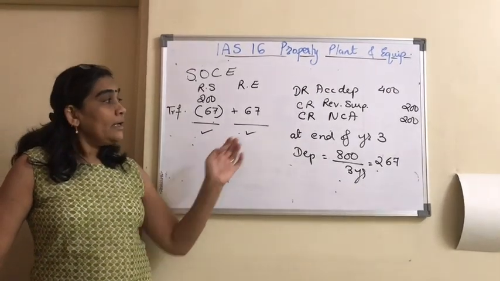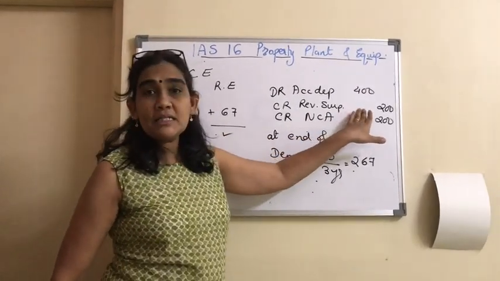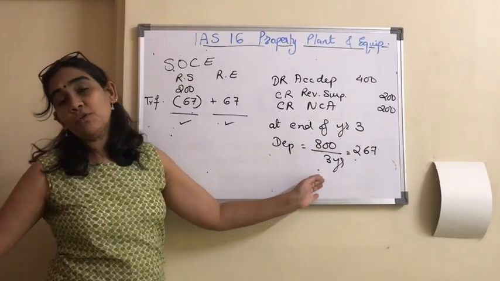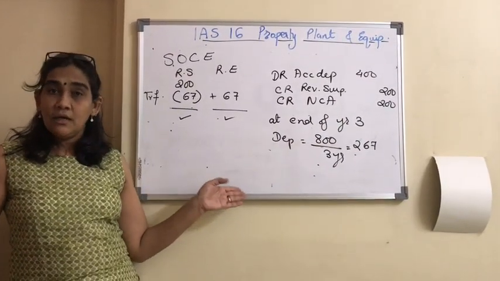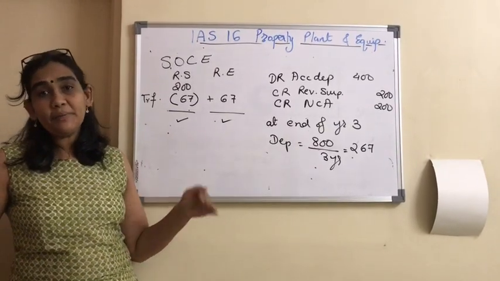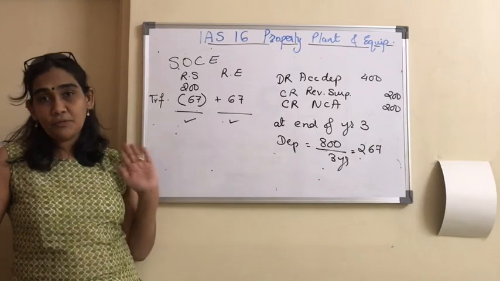So, this way, this revaluation surplus is getting realized over the remaining useful life of the asset. So, some companies may use this provision, some companies may not use this provision.